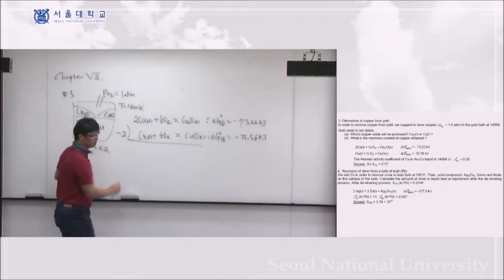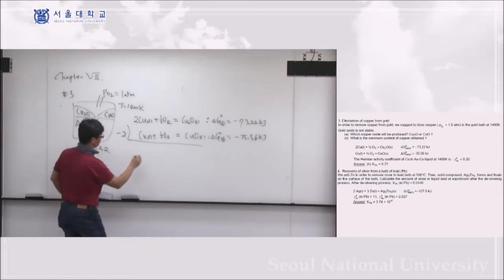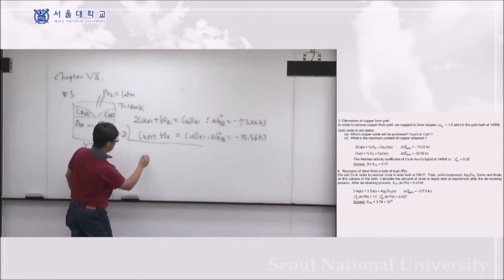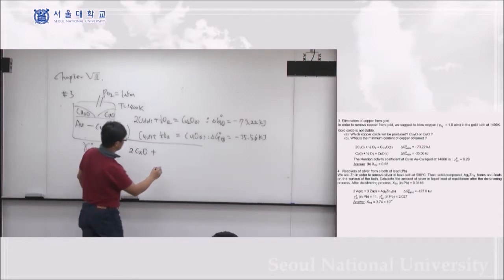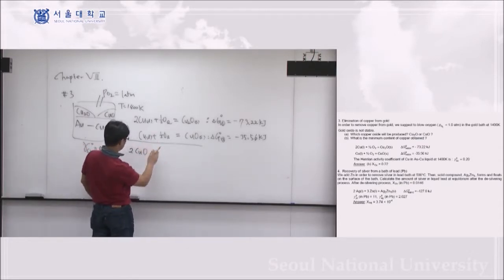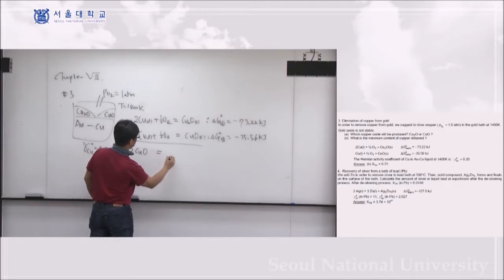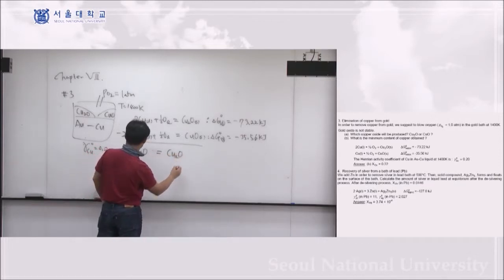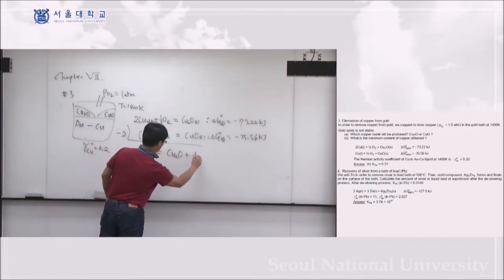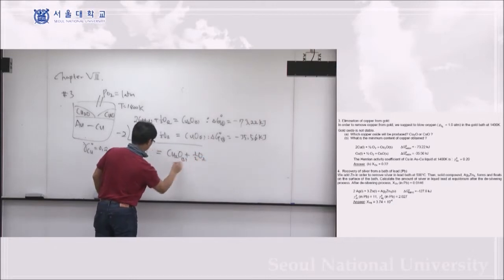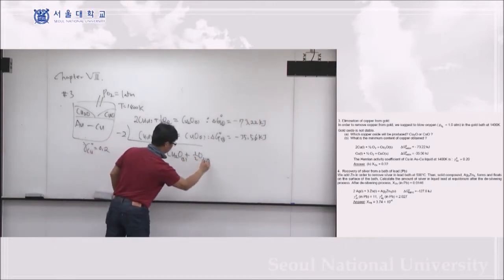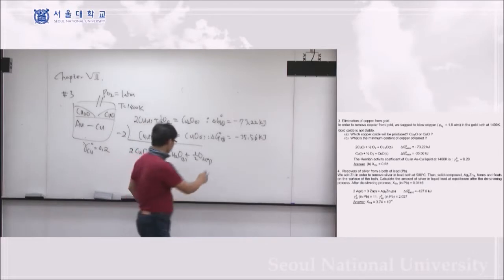So minus 2. Then this will be 2CuO minus 2 equal to Cu2O plus half mole of O2. Is it okay?